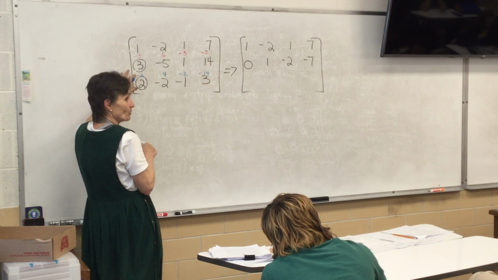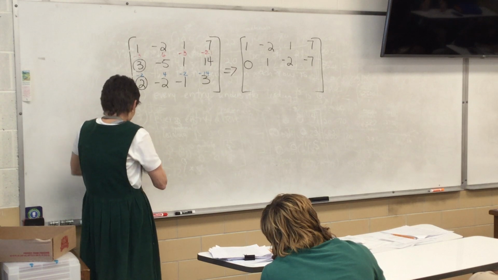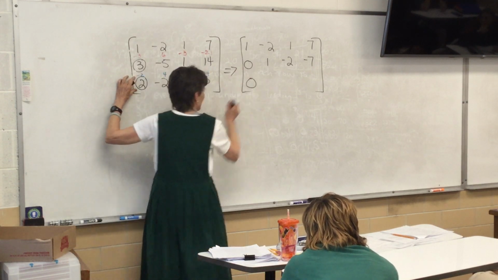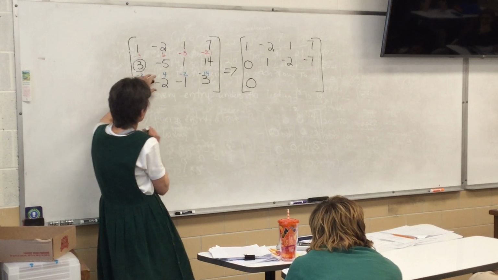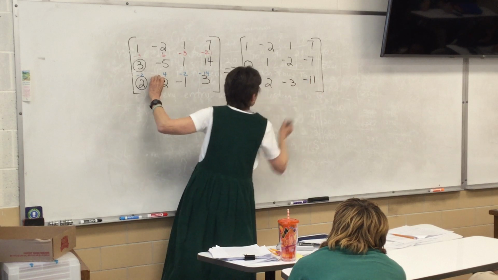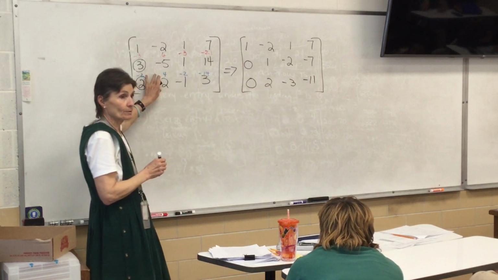And then guess what I'm gonna do with them? I'm going to add them to the bottom row and get a new bottom row that starts with a 0. That was my goal. And then 2 and -3 and -11. You okay with that?